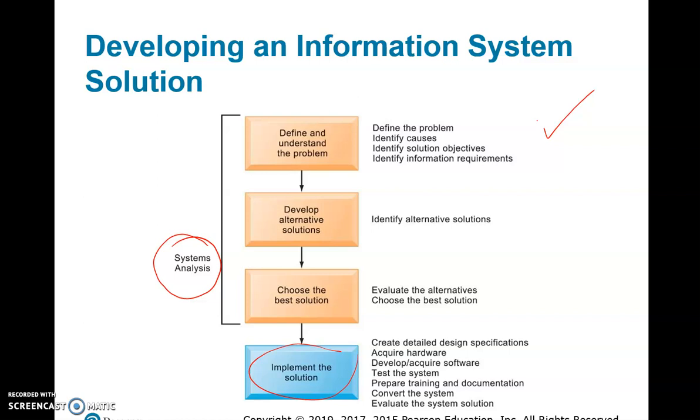Documentation is also essential. In many organizations, it is not just essential, it is a requirement, because when systems are developed, they are developed by certain people and they do it in a particular way.